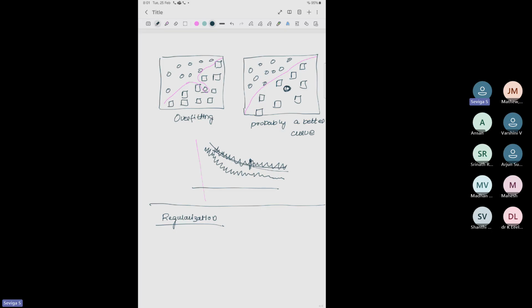So we want to train longer, or otherwise we want to push both training error and validation error to be low.